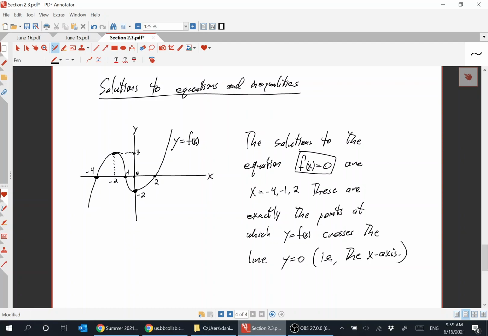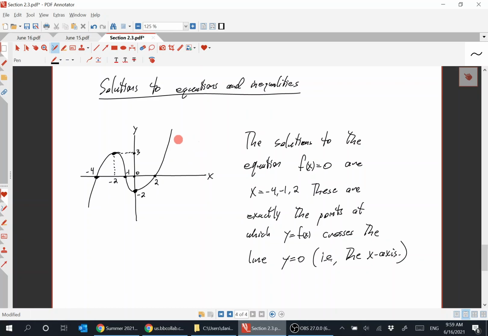Well, if you have the graph in front of you and you know where the graph crosses the x-axis, the value of the function is the y value, and the y value is 0 when you cross the x-axis. So the solutions to the equation where the value of f of x is 0 are just where we cross like that. Or not necessarily cross, but intersect.